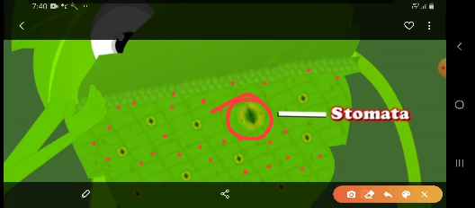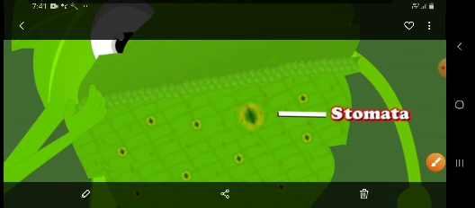So children, these are the small openings which help in the exchange of gases.